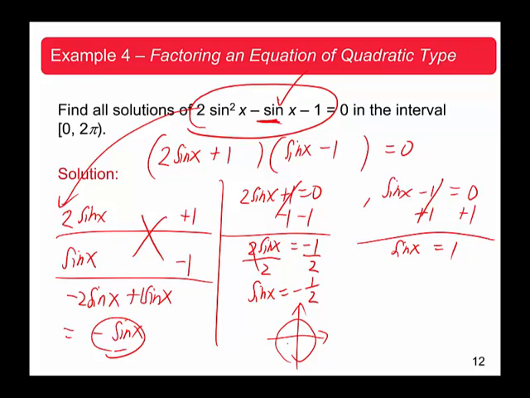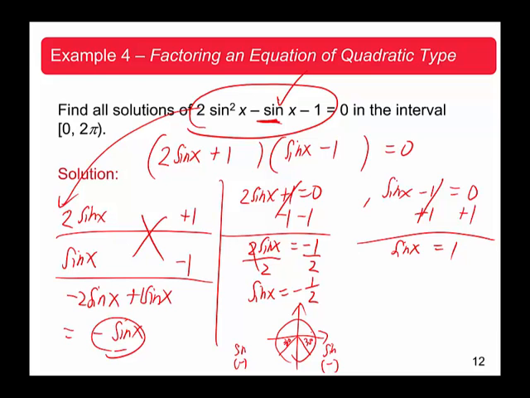for sine x to be negative half, the reference angle must be 30 degrees. And it's located in the third quadrant and the fourth quadrant. Sine is negative in the third quadrant and fourth quadrant. The other one is 30 degrees.